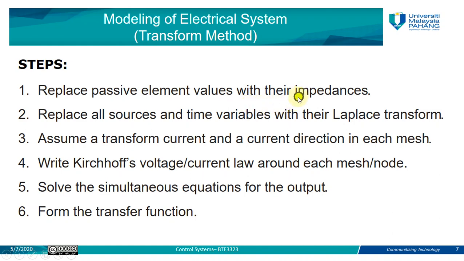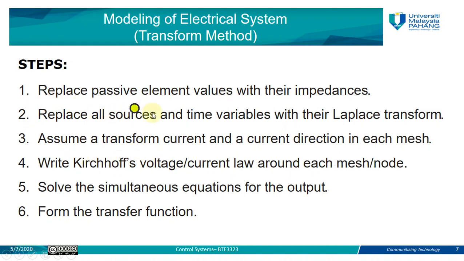What is the impedance of L? It will be XL as we learned in circuit analysis, or XC for the capacitor. And in the control circuit here, the values of XL and XC will be in the S domain, in terms of the S operator.